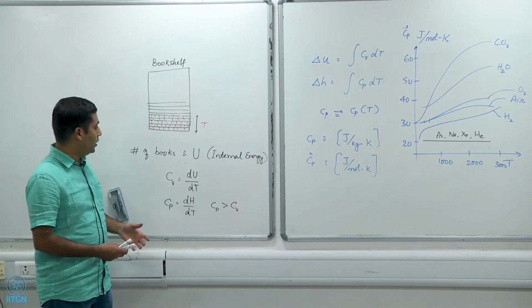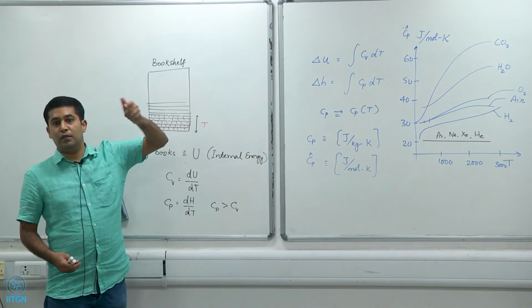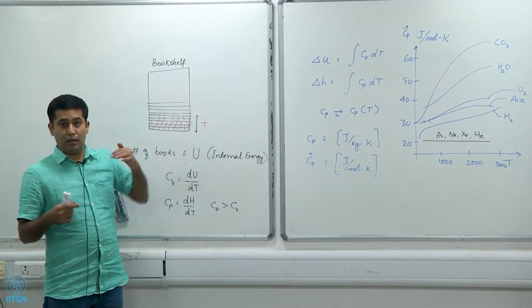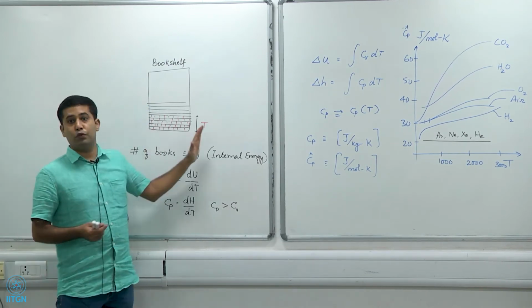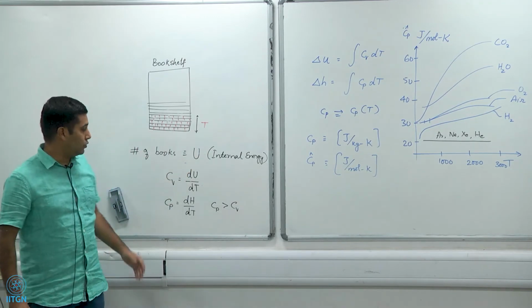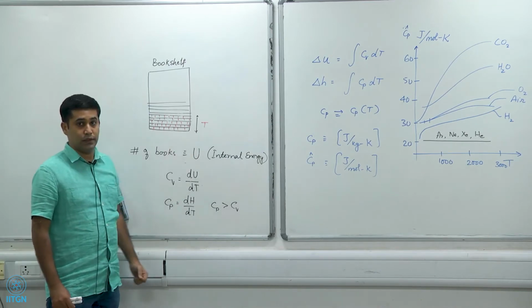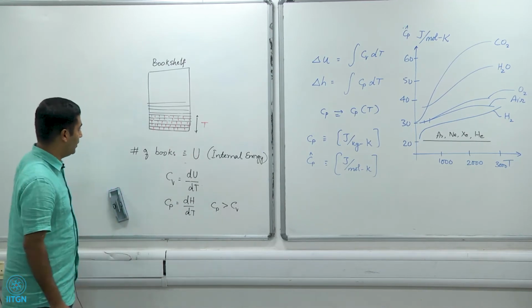And so therefore, if I want you to go higher by one bookshelf, the number of books that I need to give you is larger than the number I would have to give you if this bookshelf were a rigid bookshelf that does not change its volume, right? And so again, this temperature analogy and U analogy, I hope that you are getting it, right?